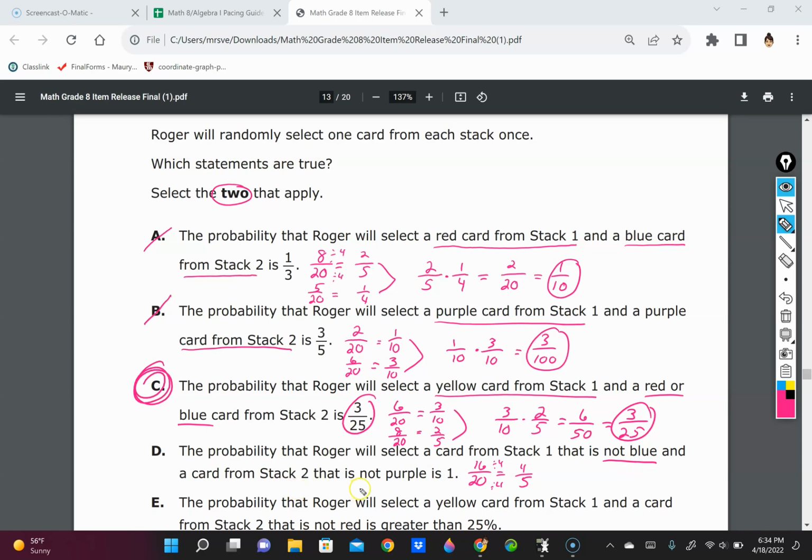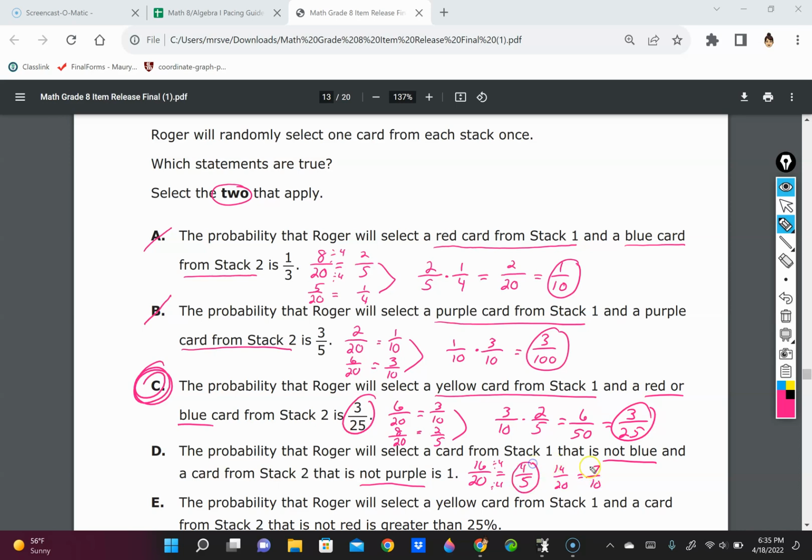Then from stack 2, we want something that's not purple. Okay, so we have 6 purples. So that would be 12 out of 20. No, 14 out of 20. Reduce that. That gives you 7 over 10.